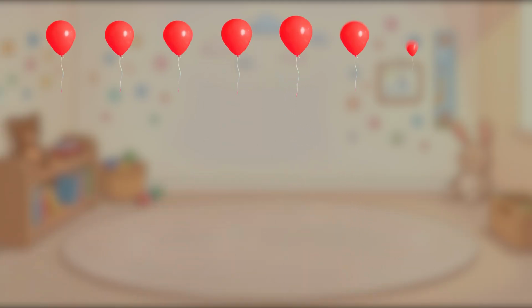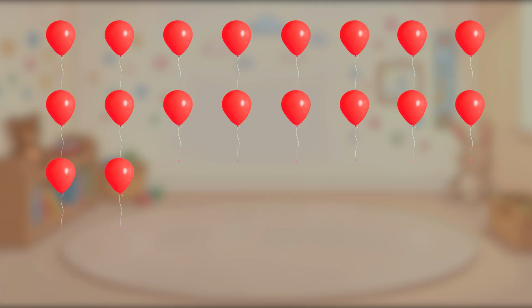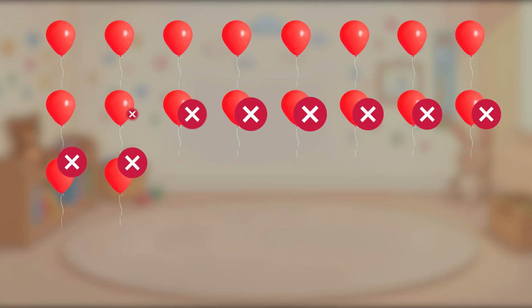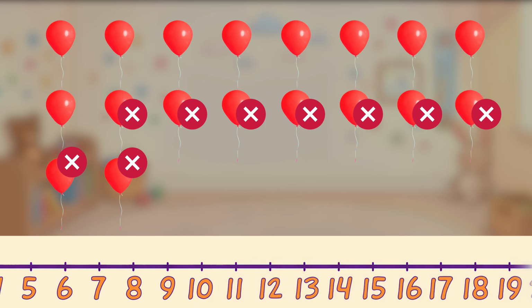Amazing! Okay, let's try one more. You have 18 balloons at your party. Oh no! 9 of them flew away into the sky. Let's start at the number 18 on our line and hop back 9 times.